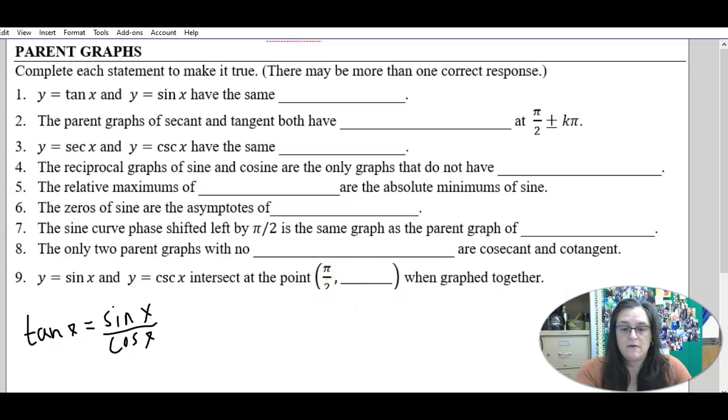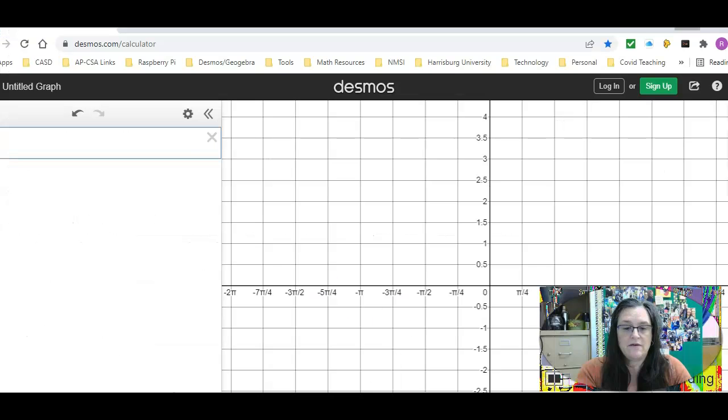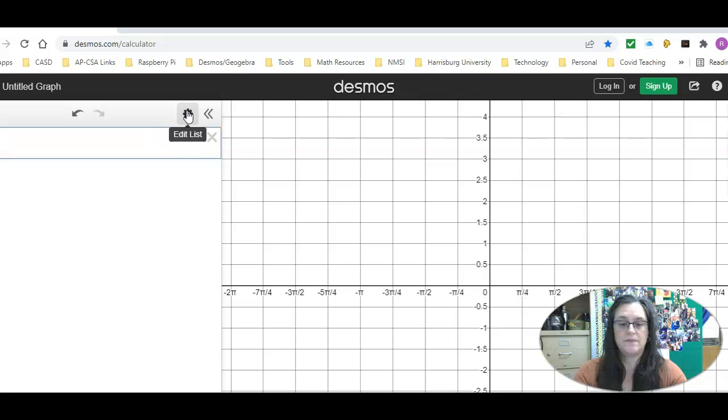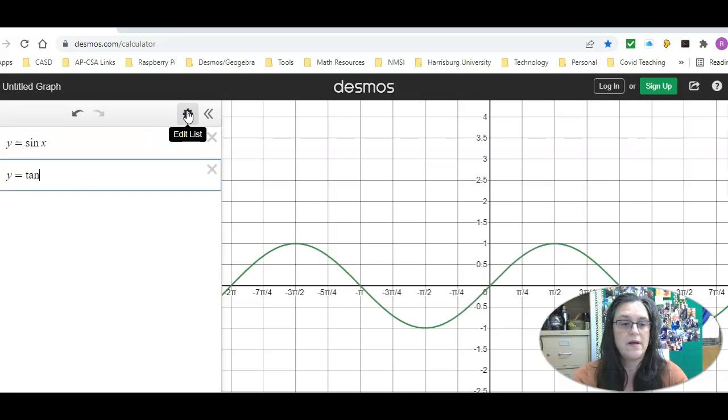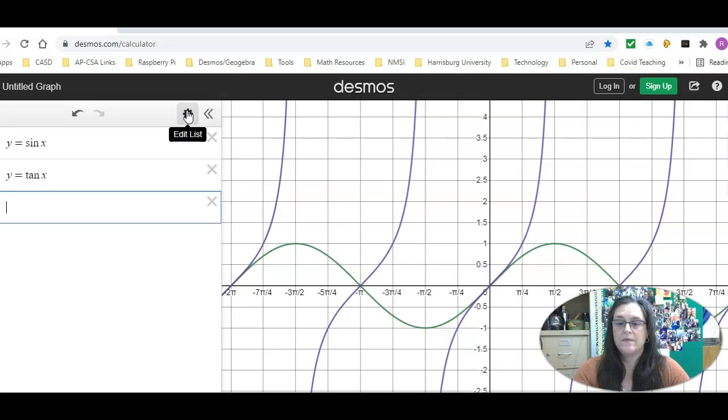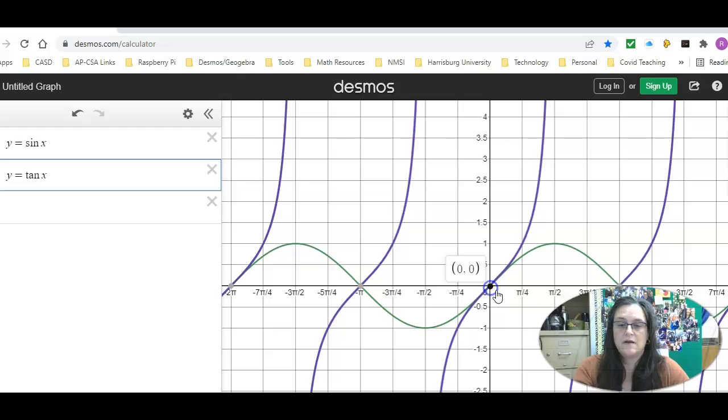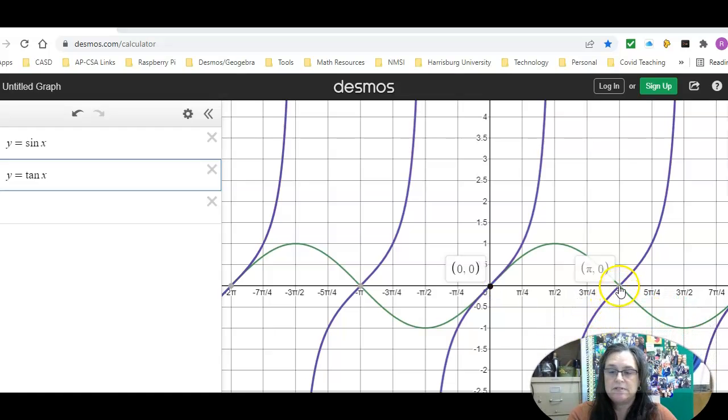When we look at their graphs together in Desmos, y equals sine of x and y equals tangent of x, we can see here at their intersection, right, they have the same zeros in common. Okay, they also have the same y-intercept.